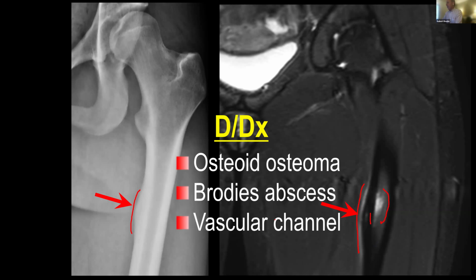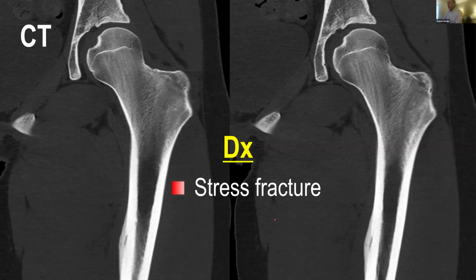You wouldn't expect vascular channel to have bone edema, but in an athlete, of course, you want to look for a stress fracture, and that's what was present here. So stress fractures, of course, we're most commonly looking for in the neck, as we've seen.